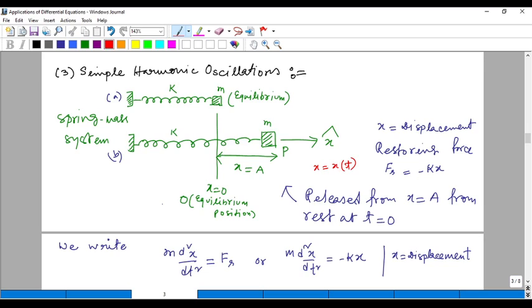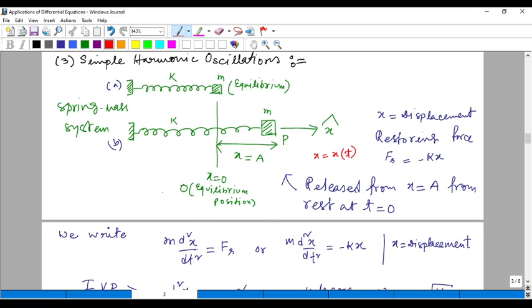Now the differential equation would be this mass into acceleration, that is acceleration along the x-axis, equal to the restoring force, which is exerted on that mass m due to this spring. These two are equal and opposite, because this restoring force is equal to minus kx. The minus sign indicates that it is directed opposite to the direction of motion, or opposite to the displacement.